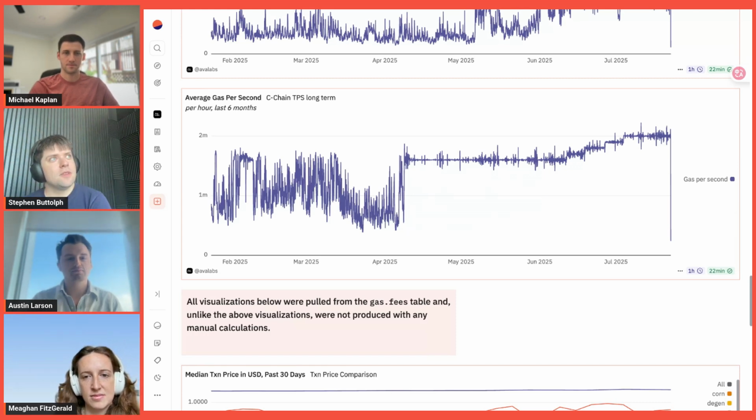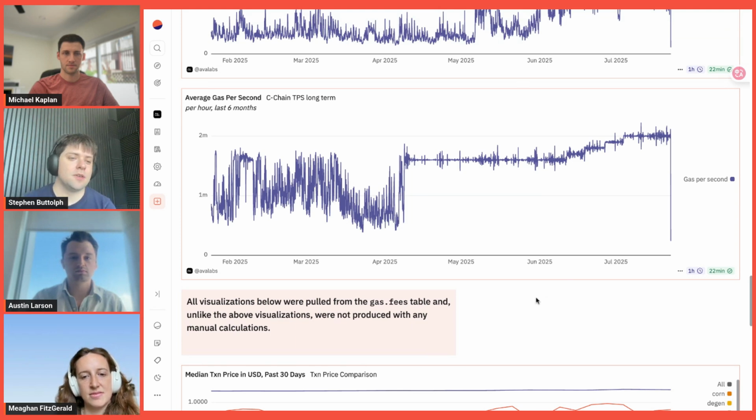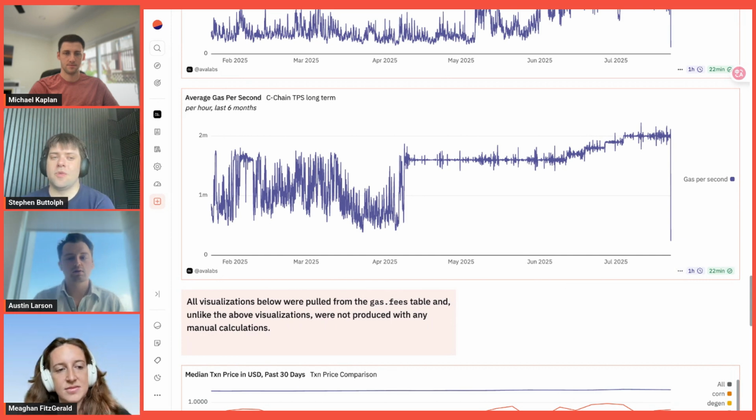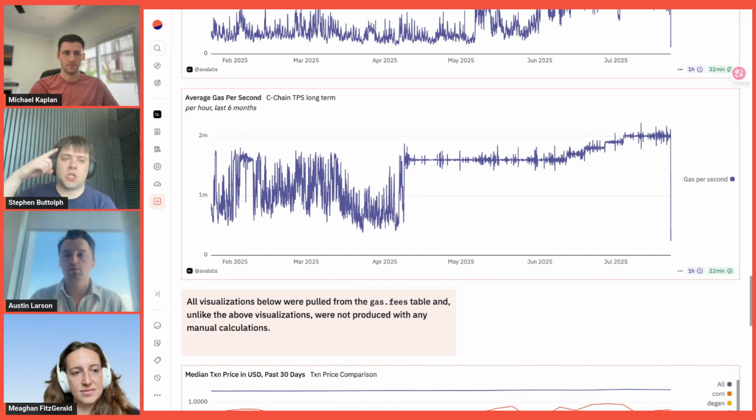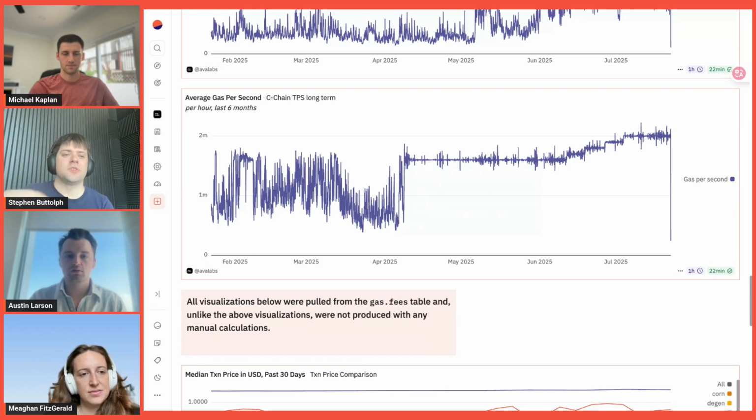So the way that the voting mechanism works is whenever a validator proposes a block, they have the right to change the gas target by some relatively small amount. Essentially you can imagine multiplying it by 1% up or 1% down.